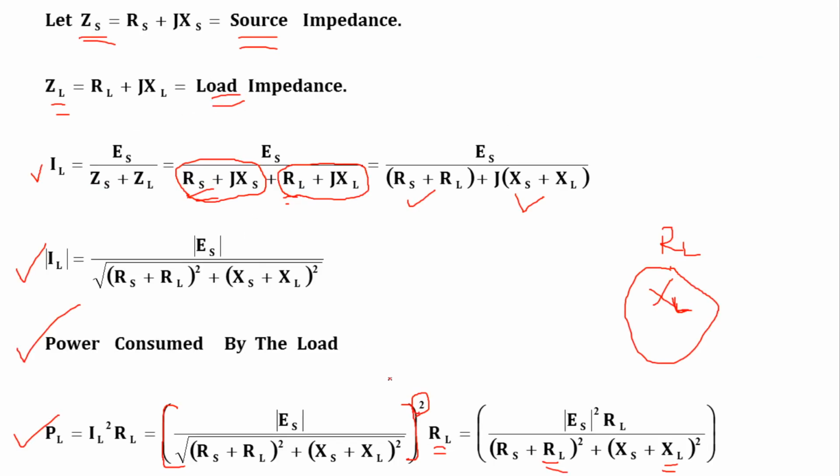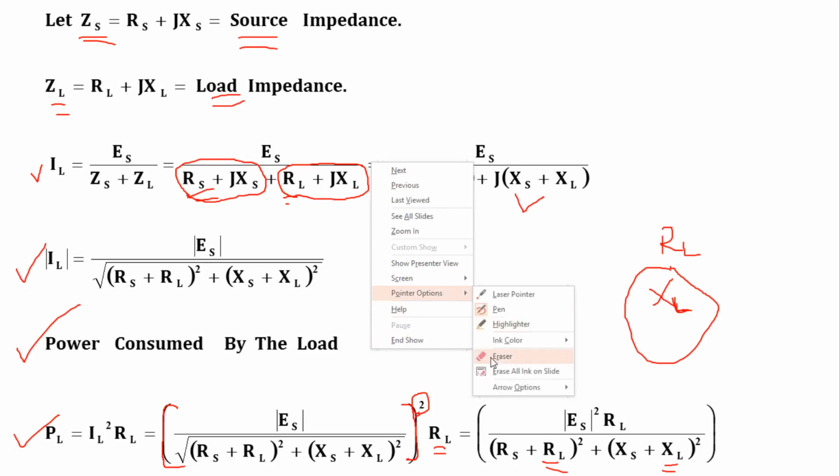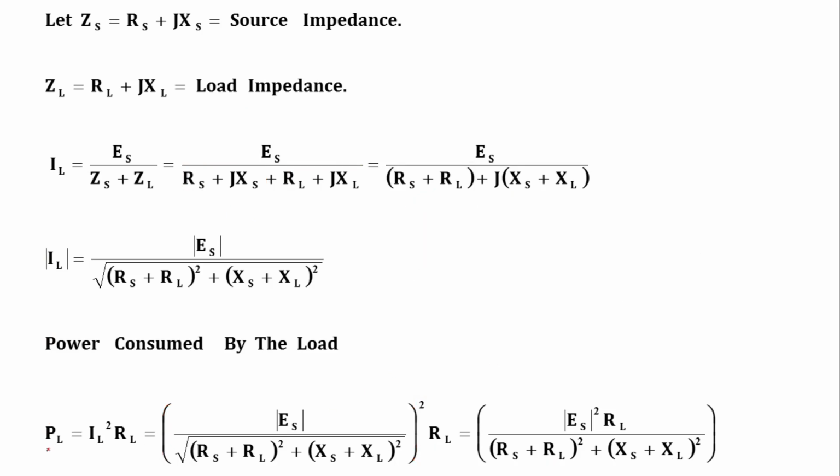To make PL maximum, the condition is that the denominator should be minimum. To maximize PL, we have to minimize the denominator. So our first consideration is XL. We take XL as our variable and RL is constant.